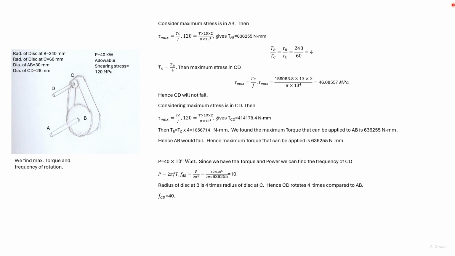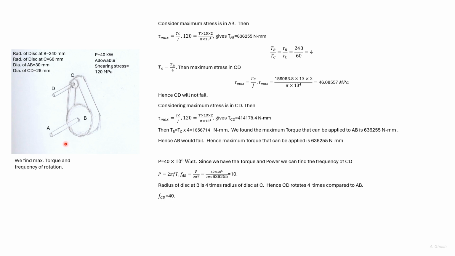Now that we have found the maximum torque that can be applied, we can find out the rotation of AB and CD. We first find out the rotation of AB.